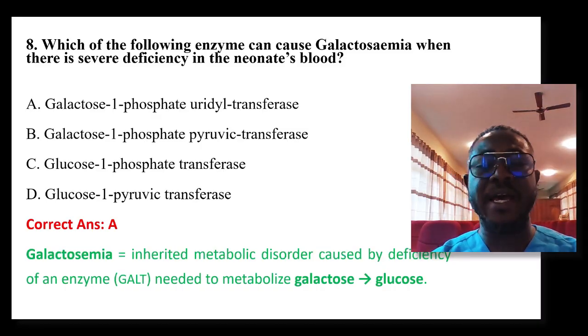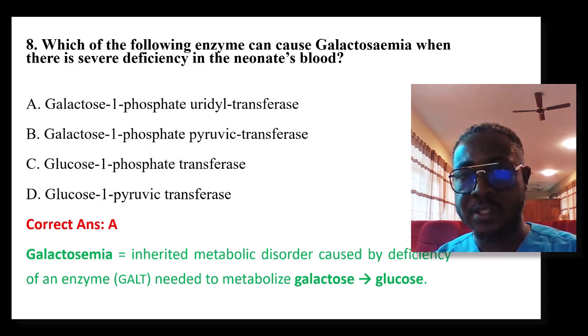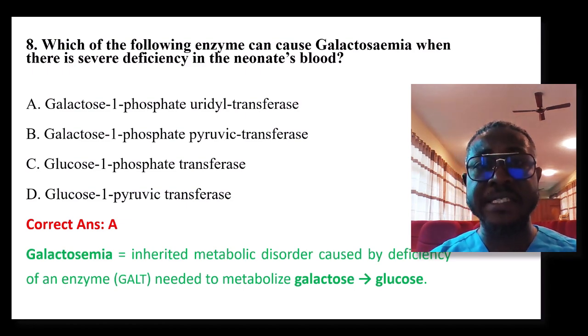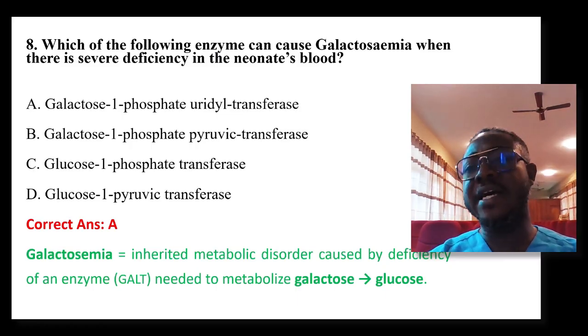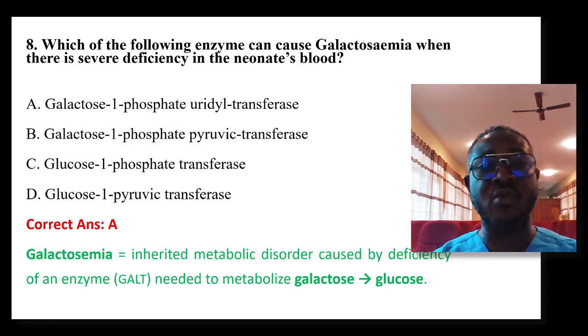So what the enzyme does is that it converts galactose into what? Glucose. And so if this enzyme is not there, if it is absent, then it means that galactose is going to build up in the blood, and that will lead to a condition known as what? Galactosemia.